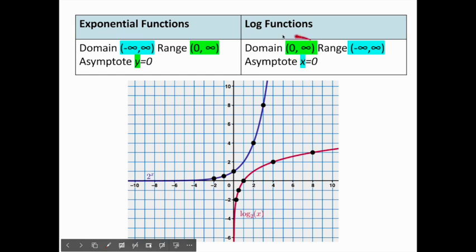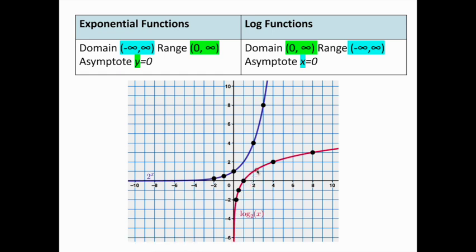So my domain for the log function is 0 to infinity, which means, because we swap our x's and y's, that will be the range for our exponential function. The range of the log function is from -infinity to infinity, right? Looking at it vertically, it goes down forever this way.